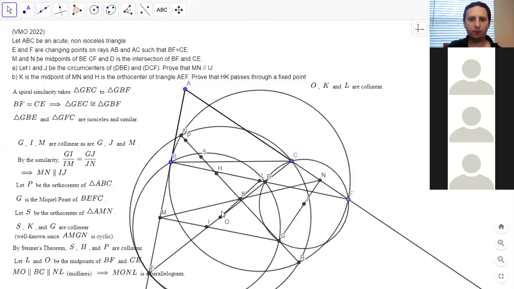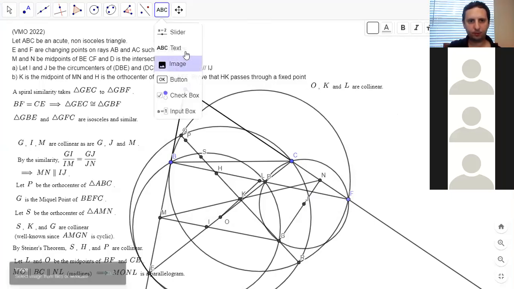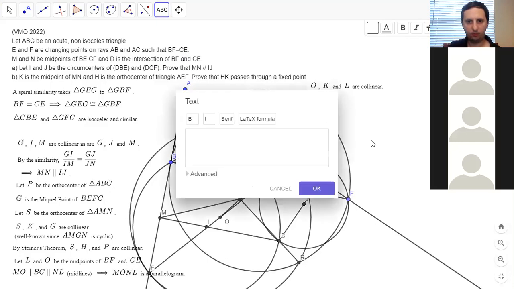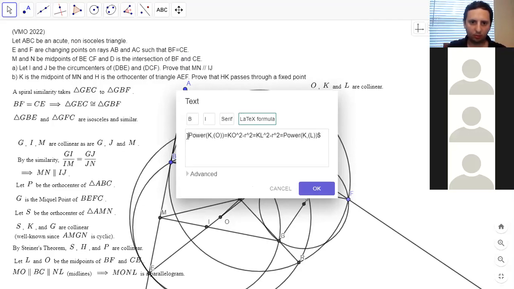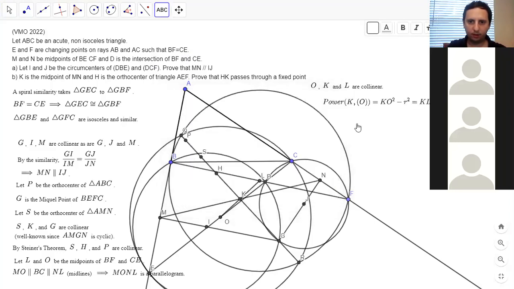Okay, so the power of K with respect to O is equal to KO squared minus R squared, which is KL squared minus R squared, which is the power of K with respect to L. So basically, K lies on the radical axis of those circles.